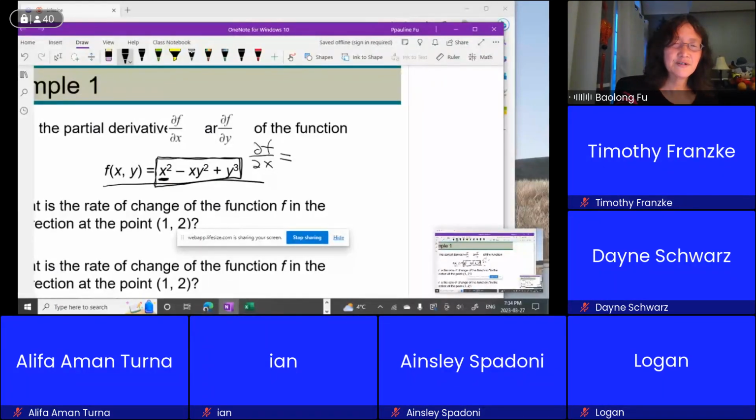The first term's derivative with respect to x is 2x. For the second term, take y squared as constant and only take x as the variable, so it is this. For the third term, the derivative of the constant is 0 because y is constant. So this is the final result.